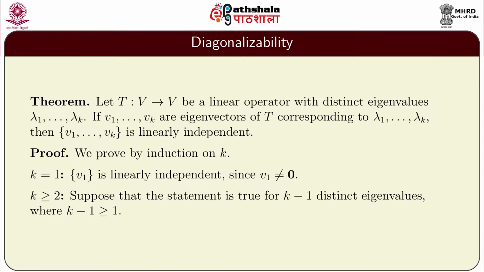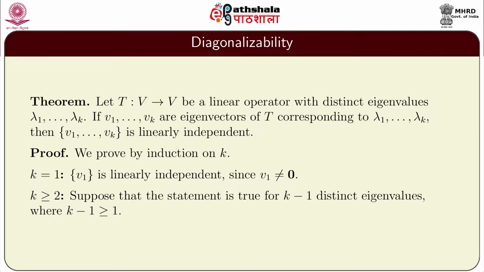The proof is by induction on k, which is the number of distinct eigenvalues of T. If k is 1, then the vector V1, which is an eigenvector corresponding to the eigenvalue lambda 1, is obviously non-zero, and therefore the singleton V1 is linearly independent.